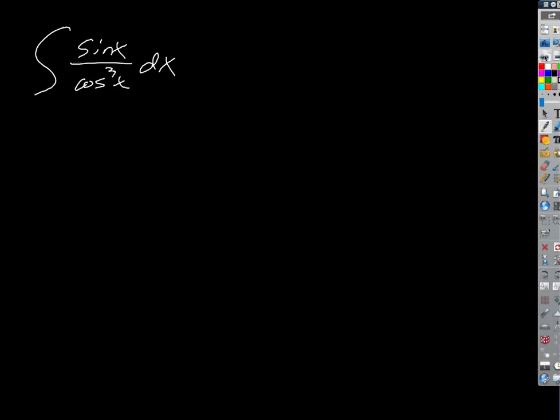So if we go back to this one, maybe it's a little clearer. u equals cosine x. What's du? Negative sine x. Negative sine x dx.